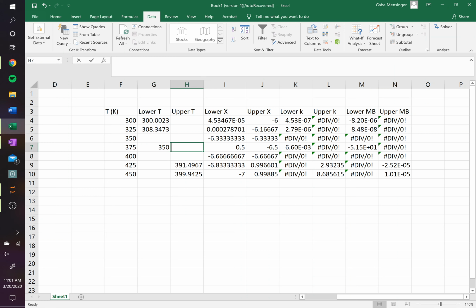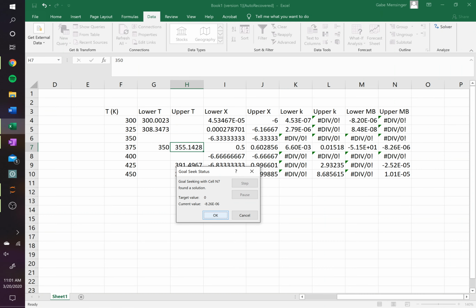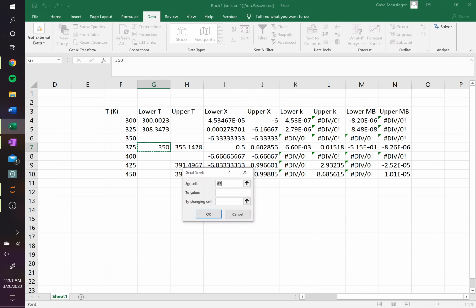We can go 350 on both of them. Ideally, we should get the same answer. So we get 355. If we go over here, we should get the same thing because I used the same guess.